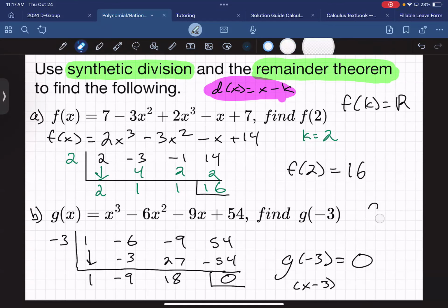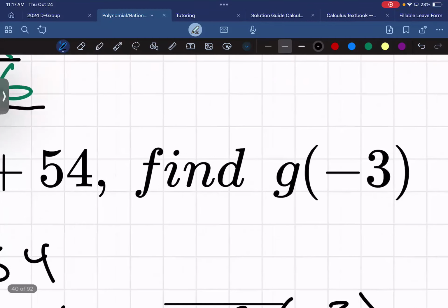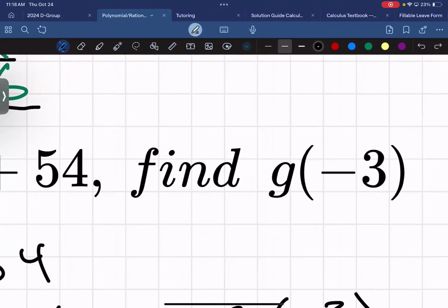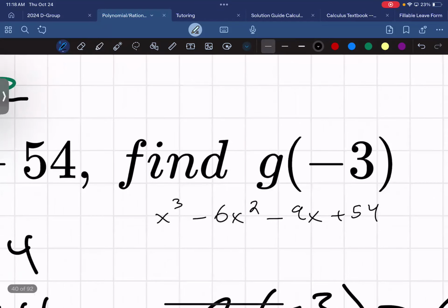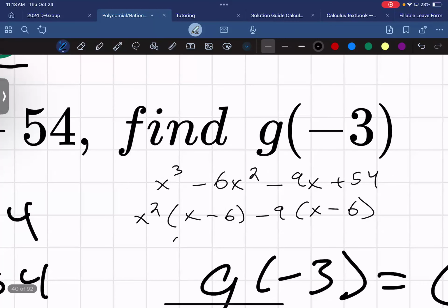With that said, if I factor this by grouping, so let's zoom in real quick, -6, -9. If we try factoring by grouping, we're able to actually factor this, okay?